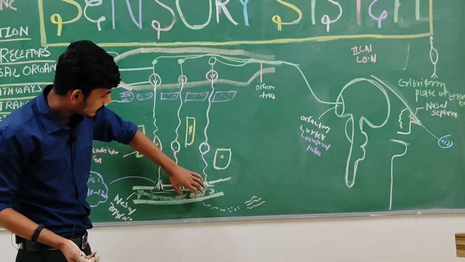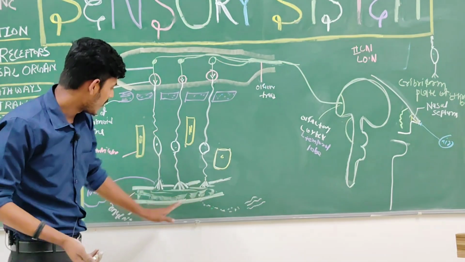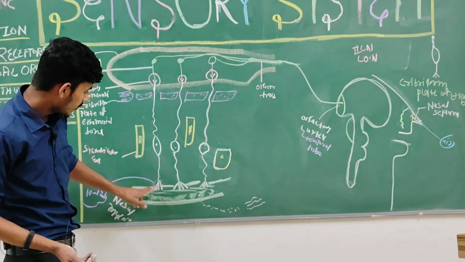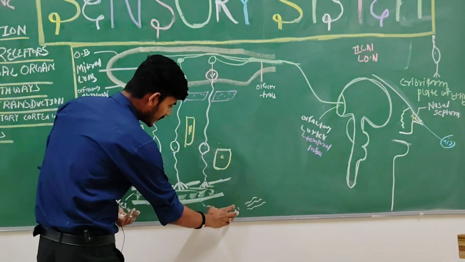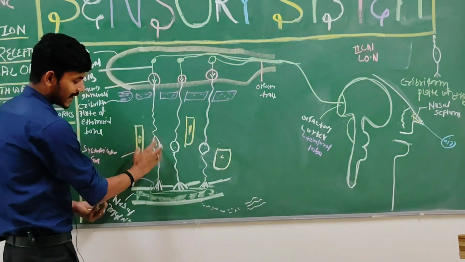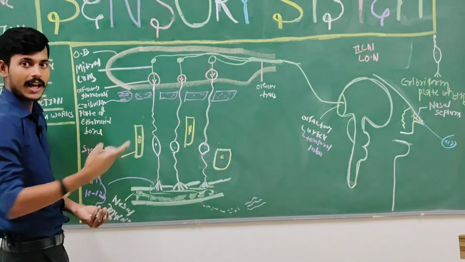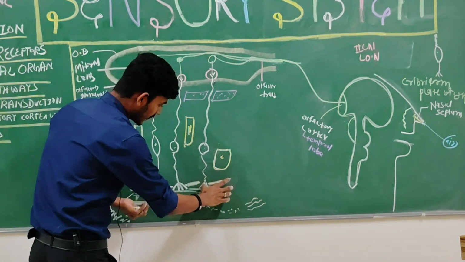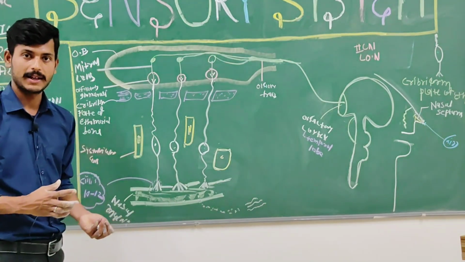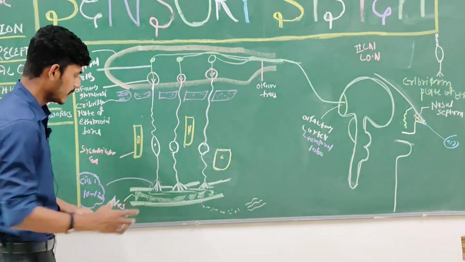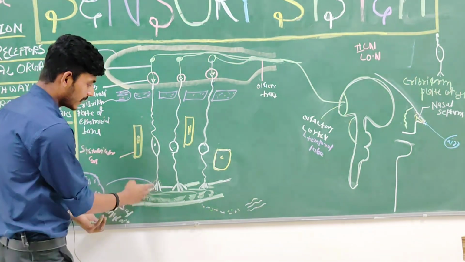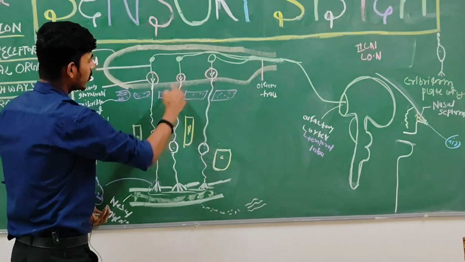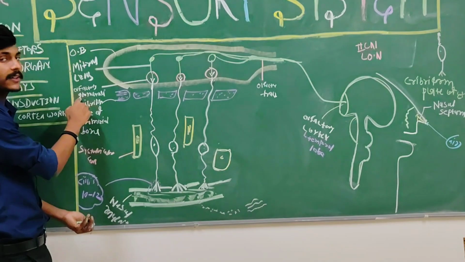Nasal mucosa dissolves the air particles, and these cilia are chemosensitive, so they change the chemical stimulus into the action potential by the cyclic AMP pathway. There is an opening of sodium channels and the action potential is generated, and it goes to the olfactory bulb where they make the synapse, and this is called the olfactory glomeruli.